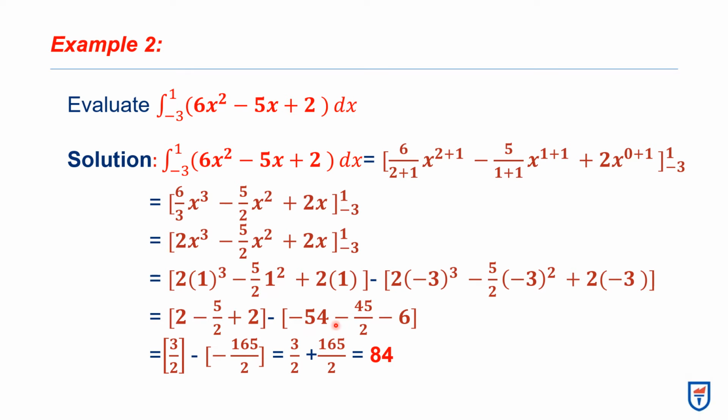Minus 54 minus 45 over 2 minus 6 gives us minus 165 over 2. Now a minus and a minus gives us a positive. So we end up having 3 over 2 plus 165 over 2, which gives us a final result of 84.